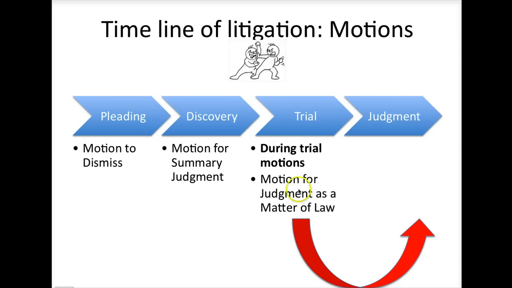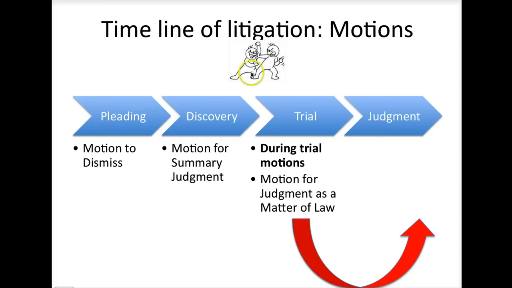So the motion is filed during trial as the evidence is being presented, and when one side has presented its evidence, for instance here if plaintiff had put on all her evidence, the defendant could say to the judge, I move for judgment as a matter of law because even if you believe all the evidence plaintiff has put in at trial, I'm entitled to win.